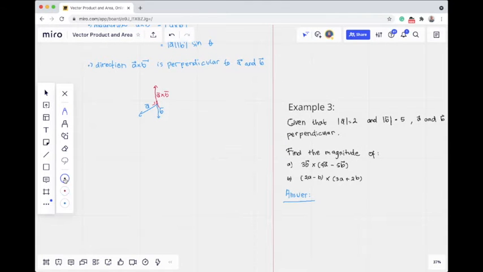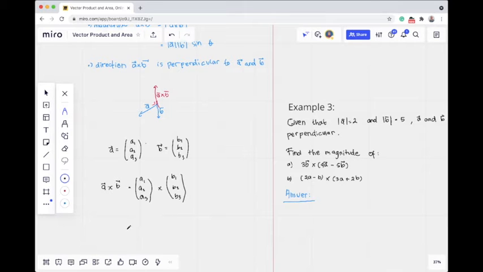And if you have vector A, for example, A1, A2, and A3, and you have vector B, B1, B2, B3, then vector A cross B is A1, A2, A3 cross B1, B2, B3.